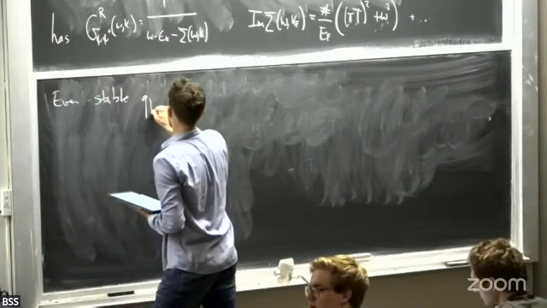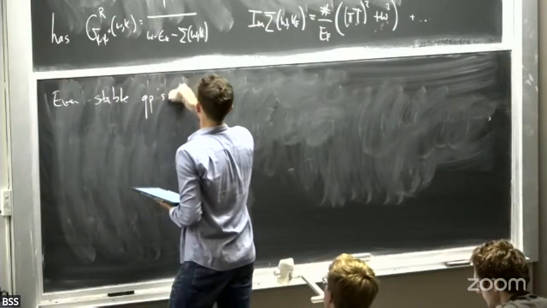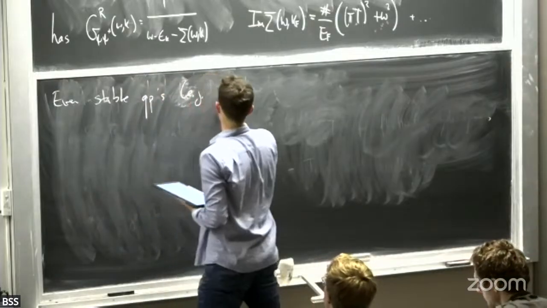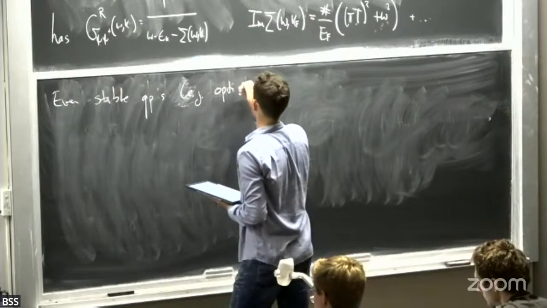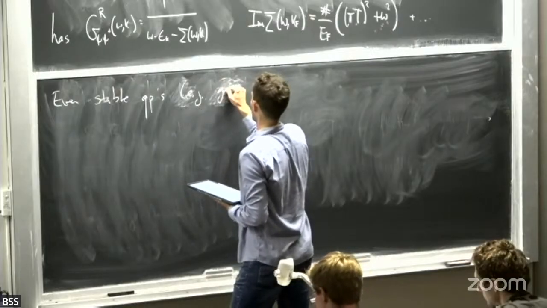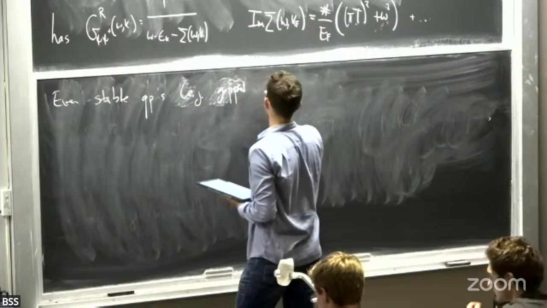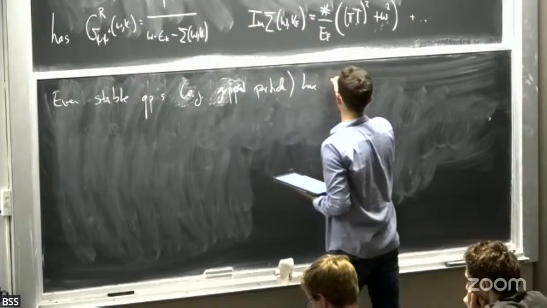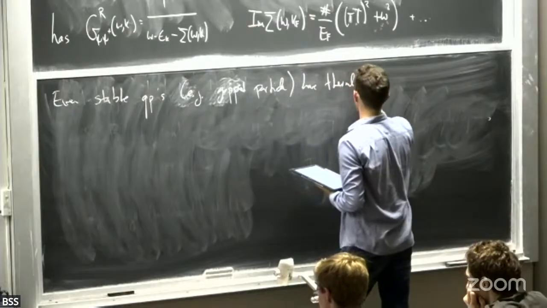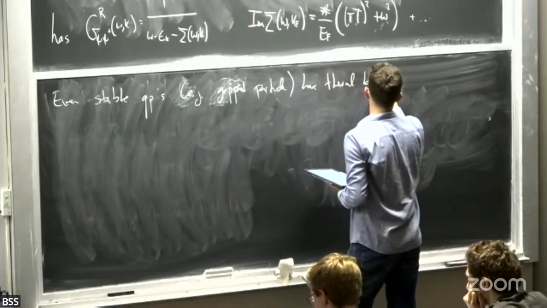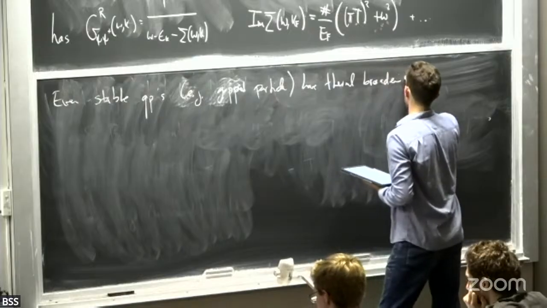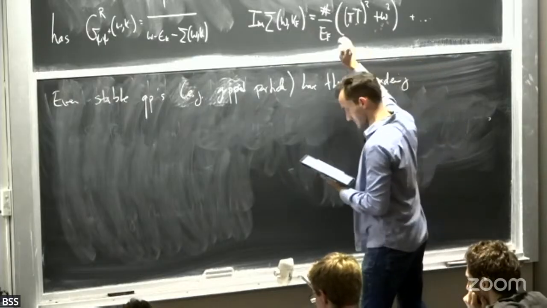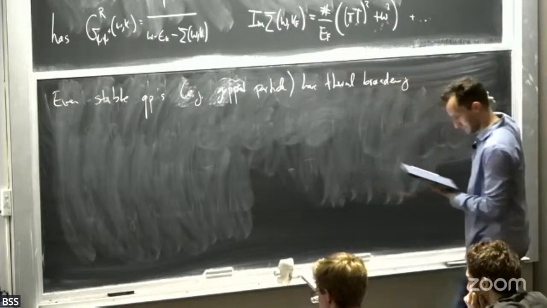Even stable quasi-particles like a gapped excitation have thermal broadening. Actually, one exception is Goldstones, for reasons that we'll come to in a bit, but let's not talk about that yet.